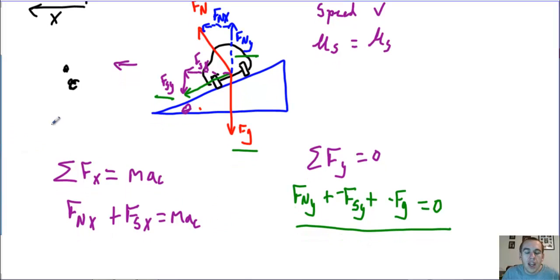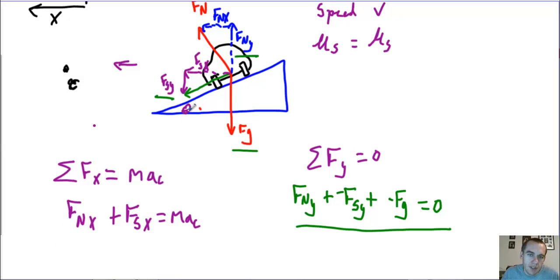Now, we have to be very, very careful. The normal force is not balancing gravity. The y component of normal force is not balancing gravity. We know some angles, but we've got to be careful with them. If I'm solving for the normal force, then the normal force appears here and here, except those are x and y components.